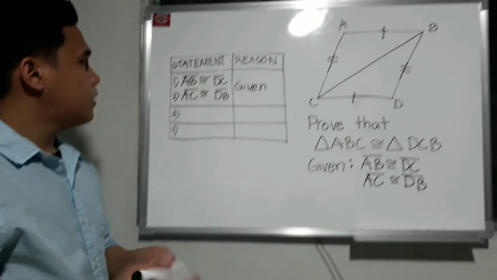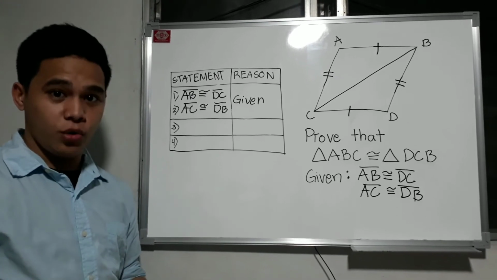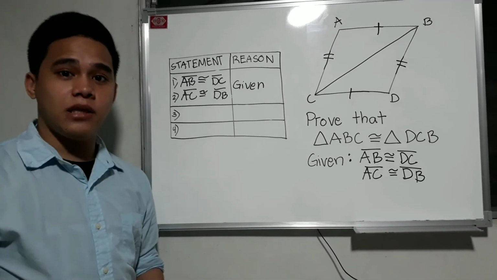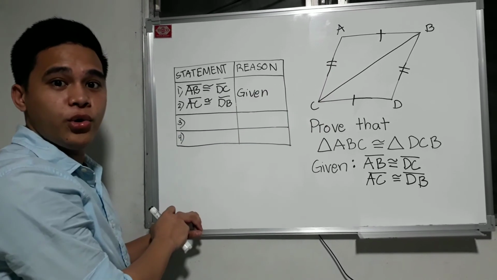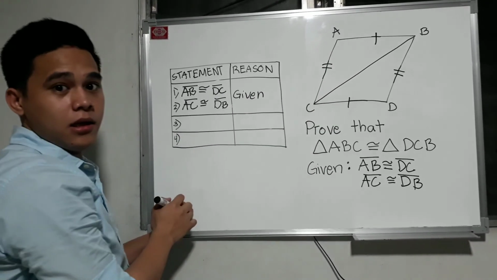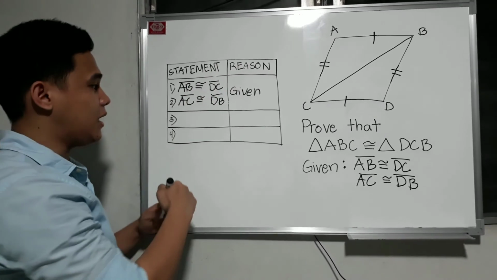Now, the two sides of these two triangles are already congruent. And by reflexive property, we know that segment BC is congruent to segment CB since it is the common side of the two triangles.